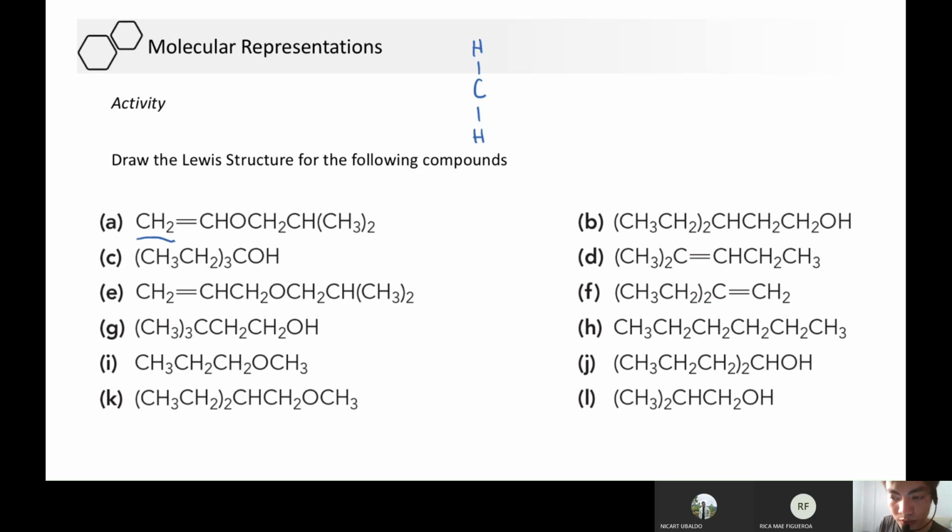Geometry comes later. Between this group and this group, there is a double bond, which means the carbon is double bonded to the next group. The next group is CH, so CH.